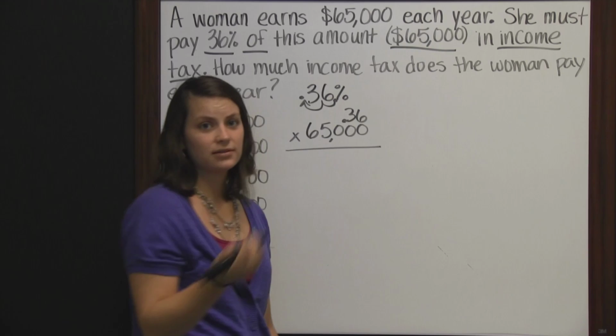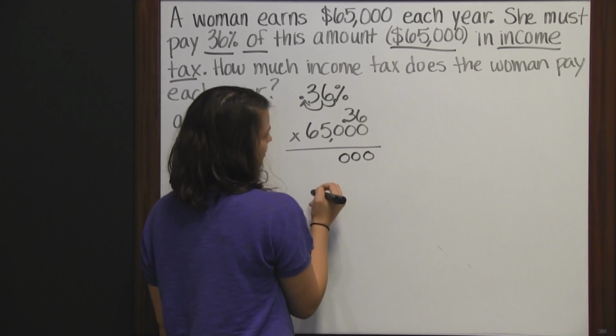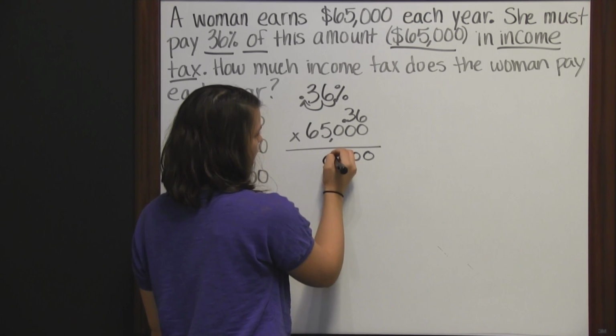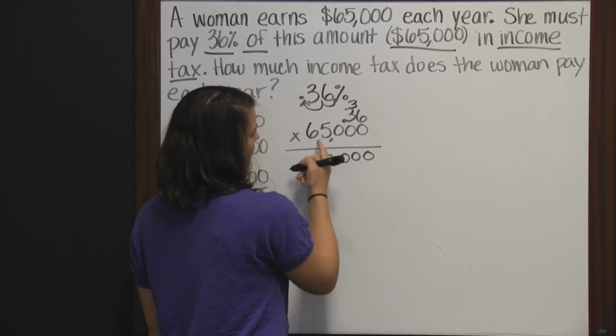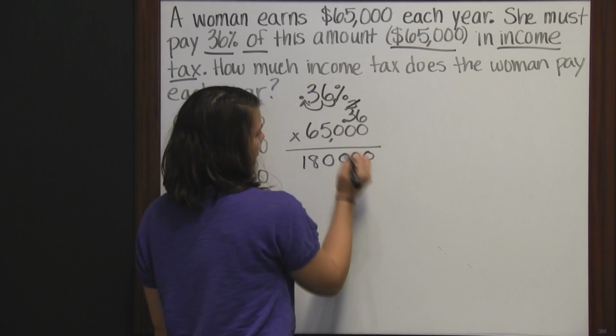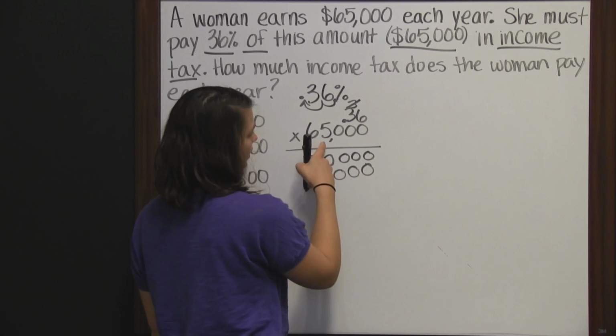So we'll start by just placing those 3 zeros. And then 5 times 6 is 30. Carry the 3. 5 times 3 is 15 plus 3 is 18. And then we have those 3 zeros plus a 0 for the 5.